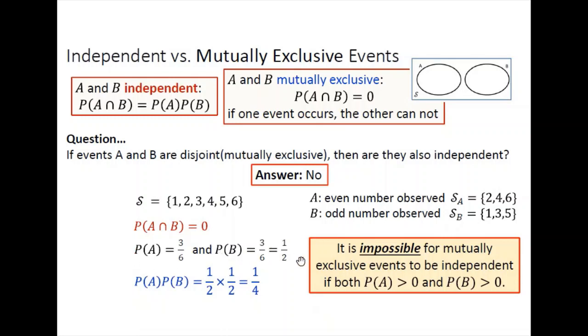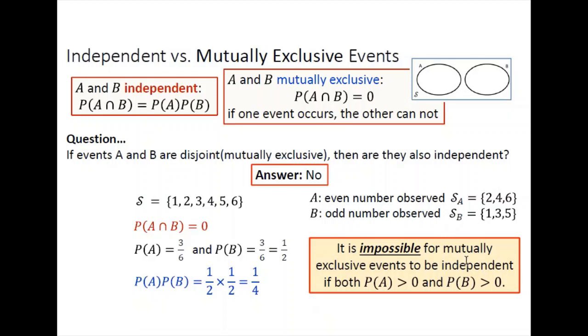But you can see that the probability of A times the probability of B is 3 divided by 6, or 1 divided by 2, times 1 divided by 2, which is 1 divided by 4. And it's not 0, so the probability of A intersection B is not equal to the probability of A times the probability of B, so A and B are not independent. So A and B are mutually exclusive, but A and B are not independent.